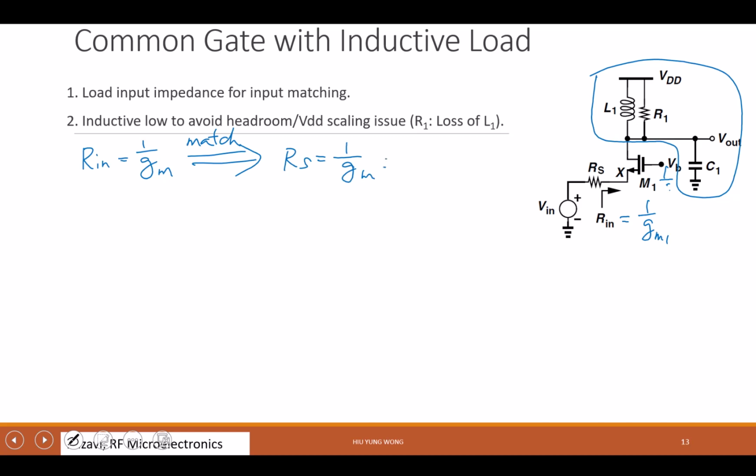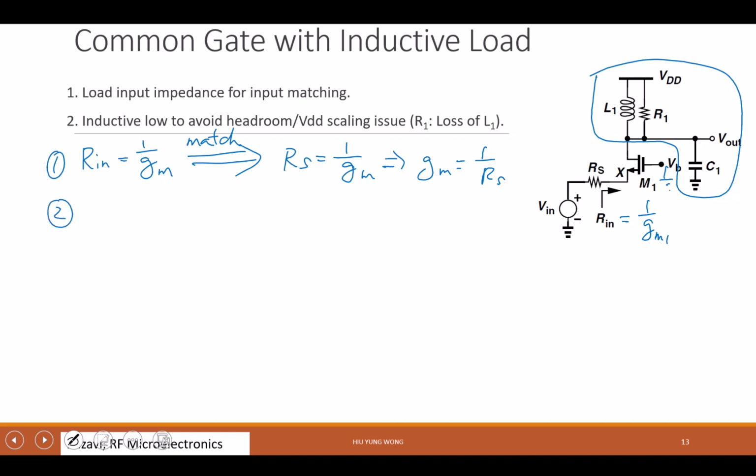Or in other words, gm equal to 1 over RS, which was what we did earlier for the resistive feedback common source amplifier, right? So this is easy. Because this is 50 ohm, I just need 0.02 Siemens for gm to match it. I'm done with this part.